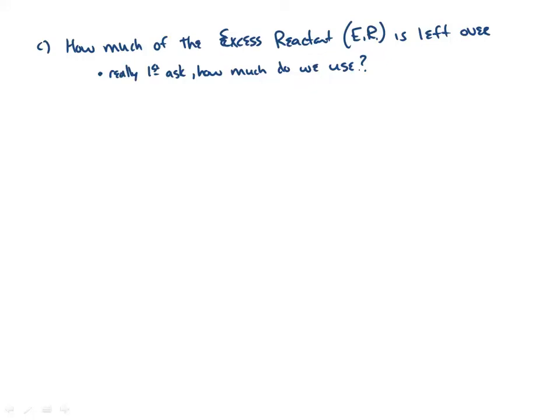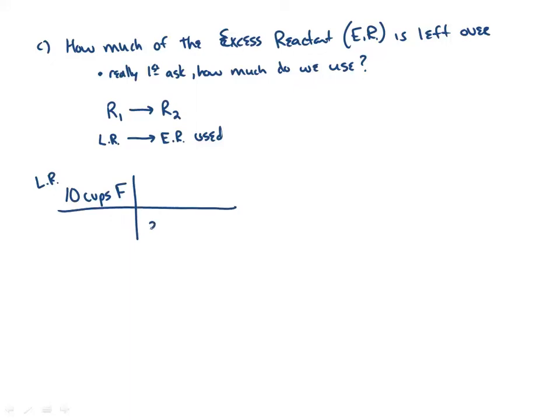And so what we're going to do is say, if I've got reactant 1, I need to convert it to reactant 2. Really, I want to convert my limiting reactant to how much of my excess reactant is used. So I know 10 cups of flour was my limiting reactant, and I know that there was 3 cups flour for 2 cups sugar, that's 20 divided by 3.